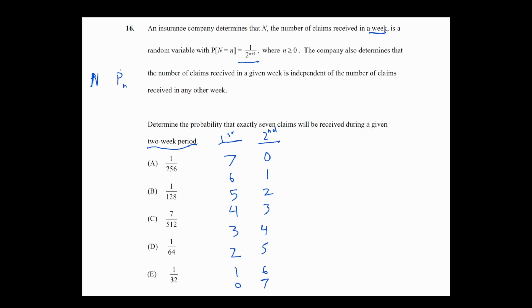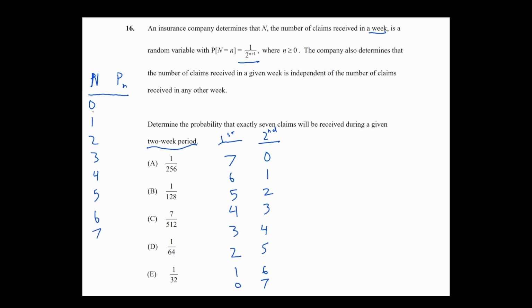P of N is the probability of having that amount of claims. So I'm going to start off here: 0, 1, 2, 3, 4, 5, 6, and 7.